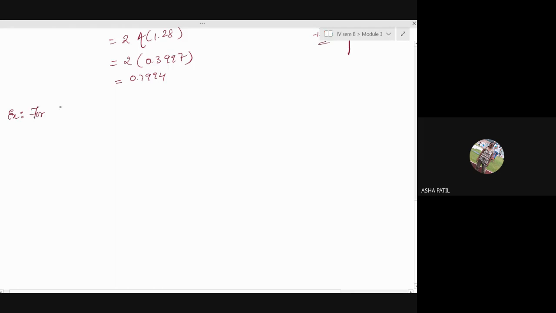For the normal distribution with mean 2 and standard deviation 4, evaluate: first one, probability that x is greater than or equal to 5.